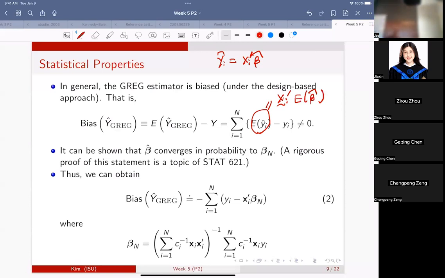Let's accept the fact that this converges to beta_n, so this is indeed close to beta_n. Then this one is equal to this one.